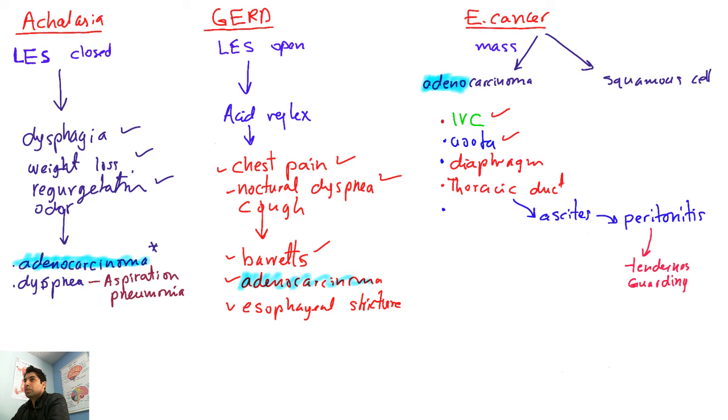That's guarding. Your abdominal wall guards itself from being compressed, because compression will cause pain. It hurts. It becomes rigid. It doesn't want to be compressed, because when you compress, it will hurt.